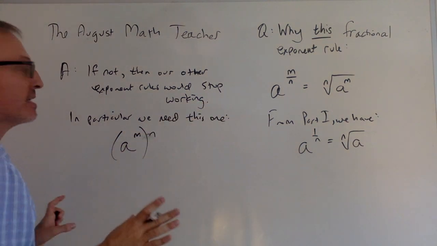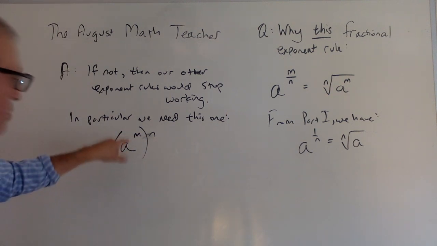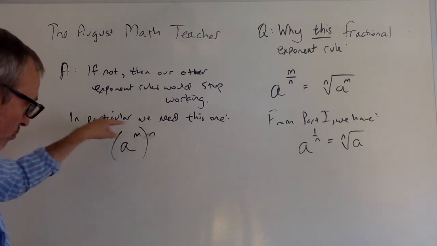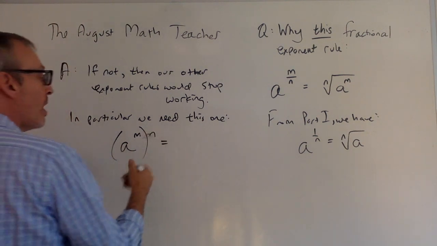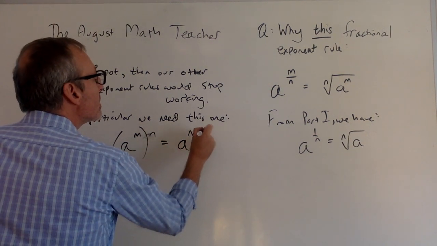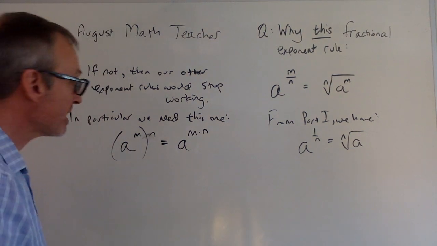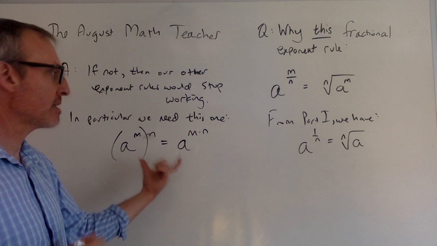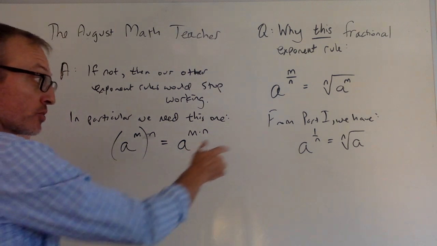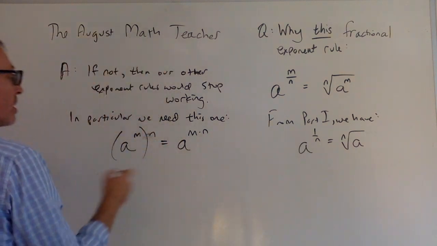I don't mean them to be the same. This is no longer a fraction. This is just a to some number raised entirely to the power of n. Then I've shown in another video why this has to be true, that it's equal to a to the m times n. We need this to keep working no matter what. So keep that in mind because it's going to be the key to this. And we also, of course, need this one to keep working.